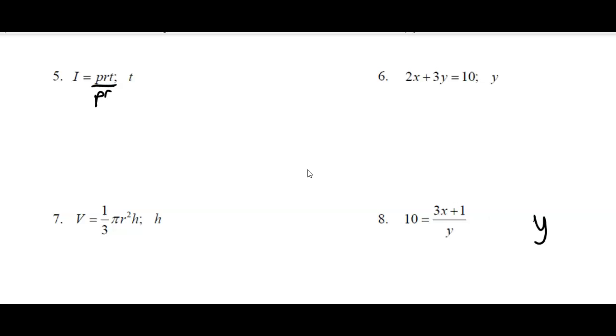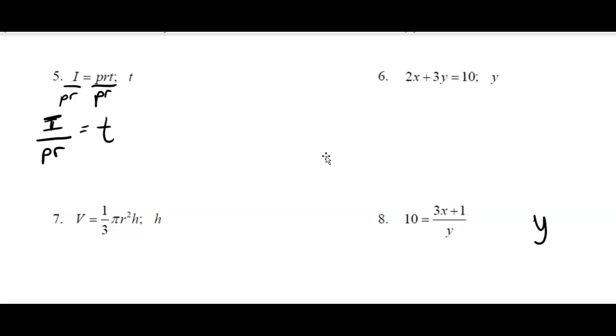So I just divide both sides by PR. And now I have solved for t. How do I solve for t? Well, I divided by PR. That's it on that one. Like, oh, really? Bummer. Some of these other ones are a little harder.